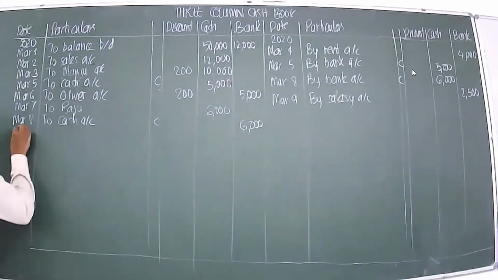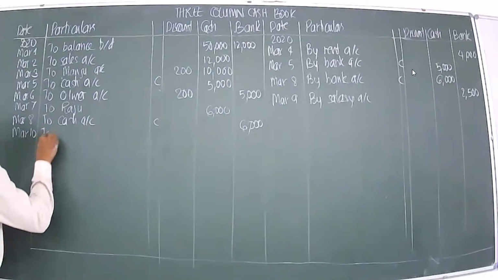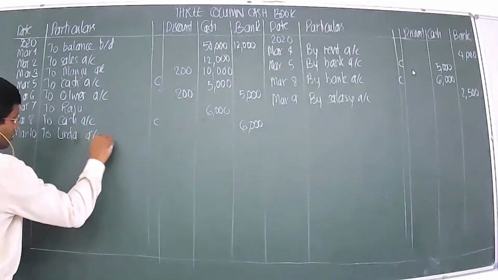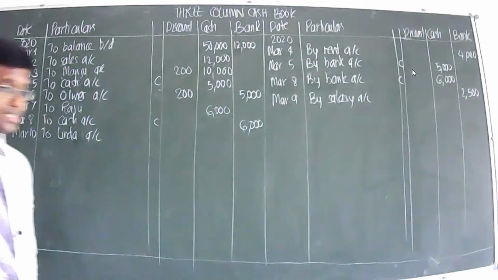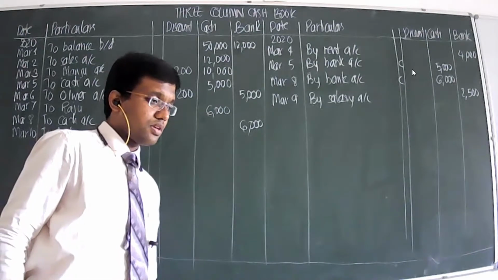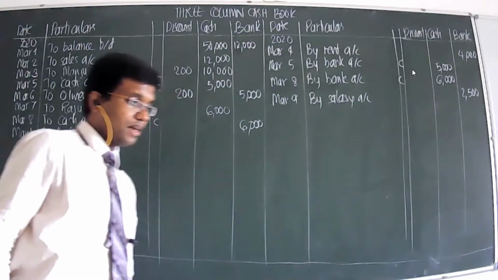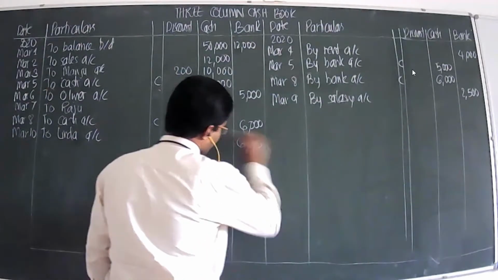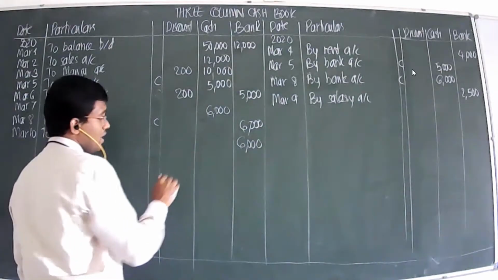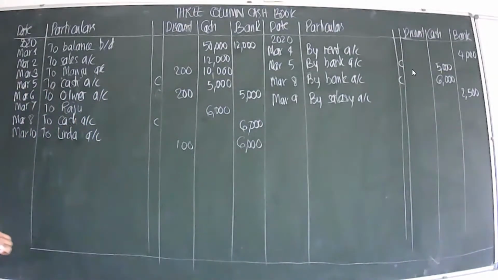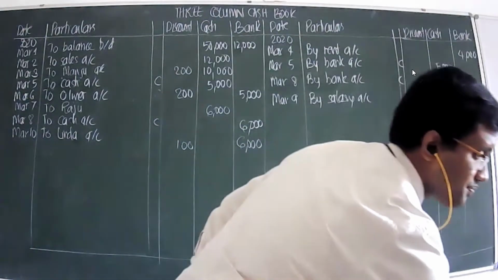So here, March 10th, to Linda account, and the amount is rupees 6,000. 6,100 is what you were supposed to receive, but instead you're receiving 6,000, which means 100 is your discount.